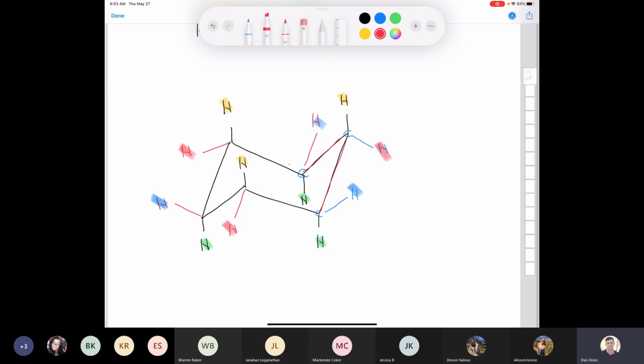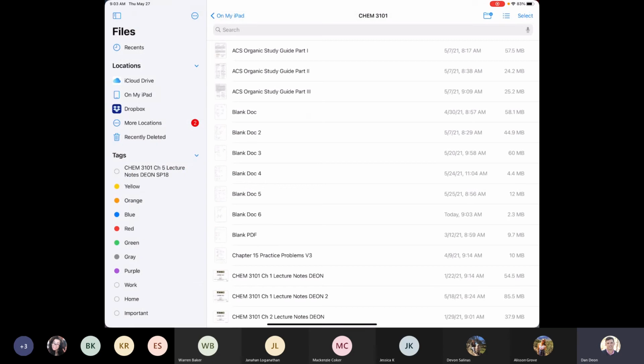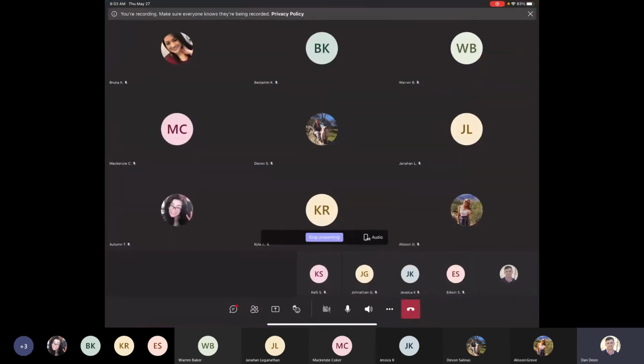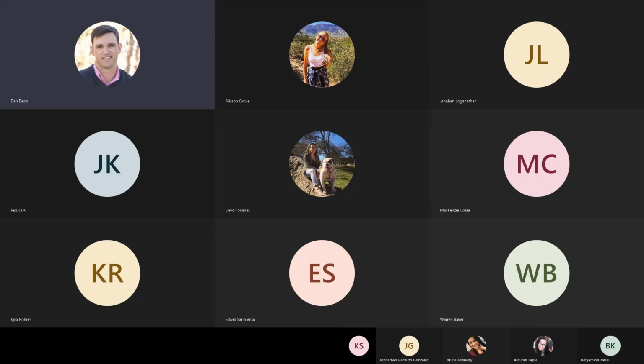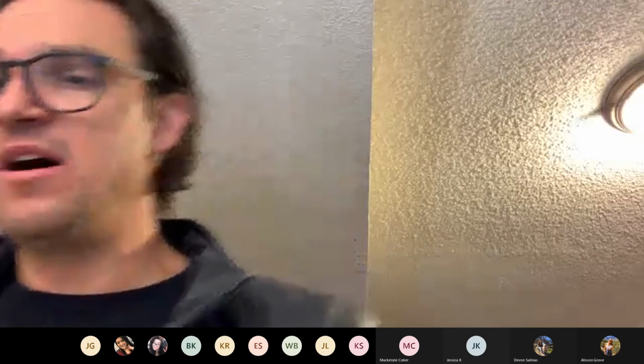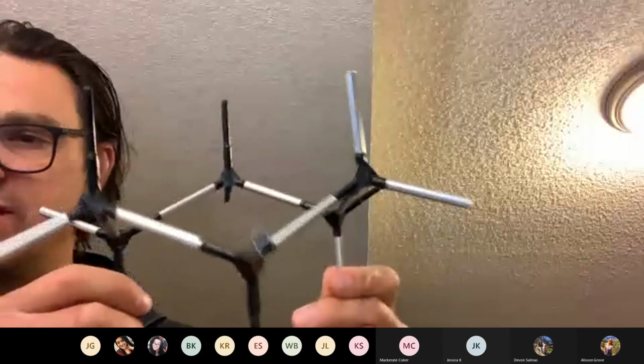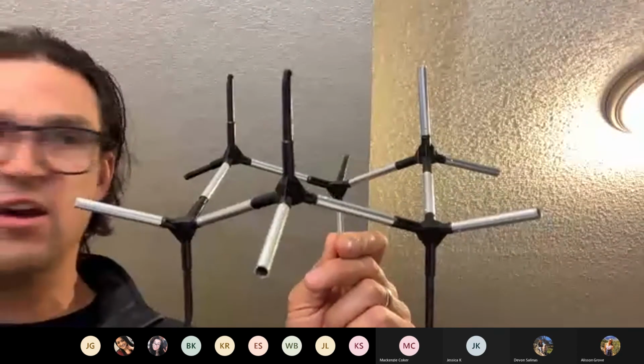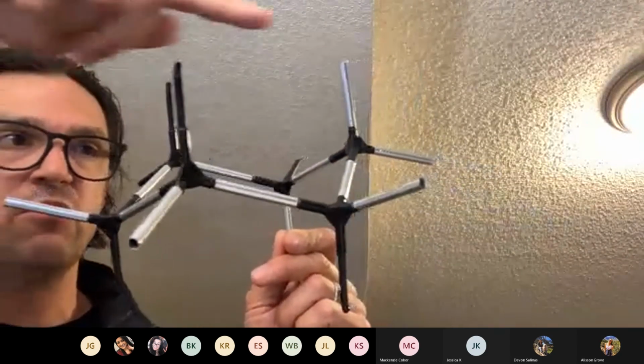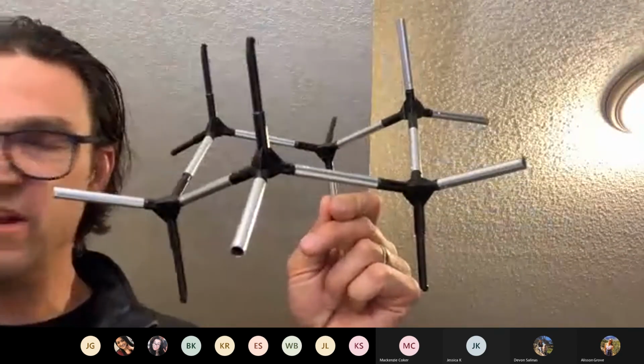Now, a picture is worth 1,000 words, but maybe a model is worth even more words than that. So let's go back to my model, and I'll demonstrate with my model. So here's my cyclohexane. Here's the chair. Notice that you have 1, 2, 3 axial hydrogens that are pointing up.